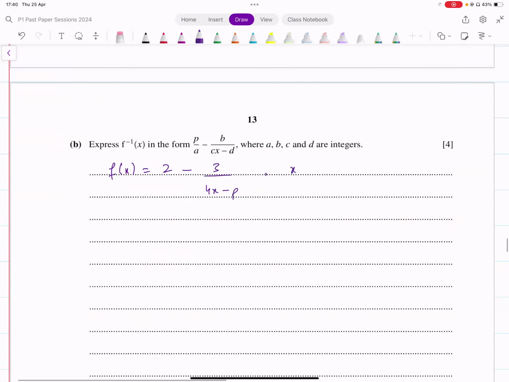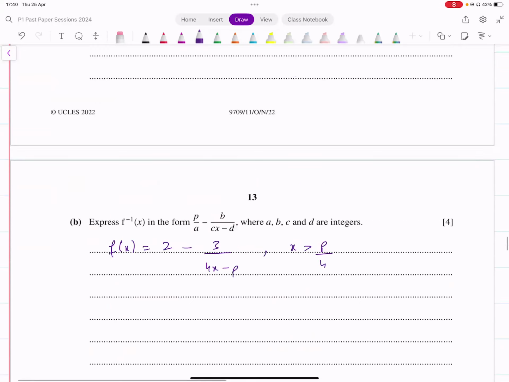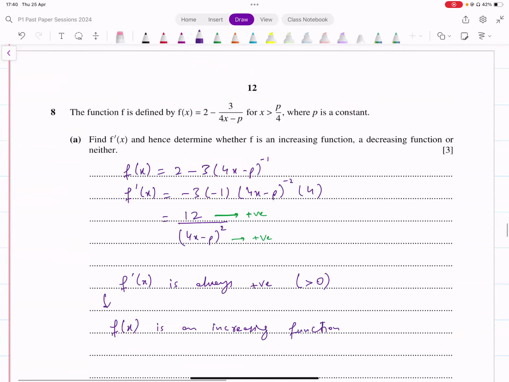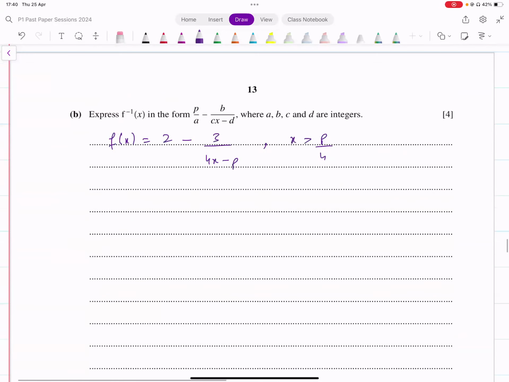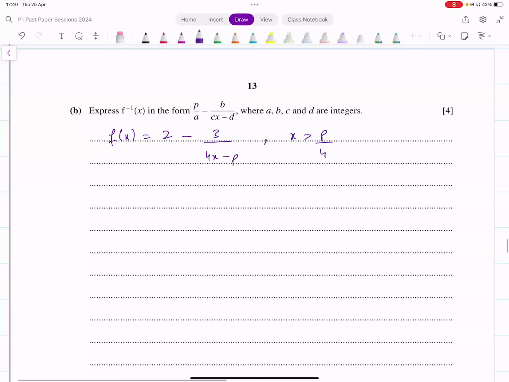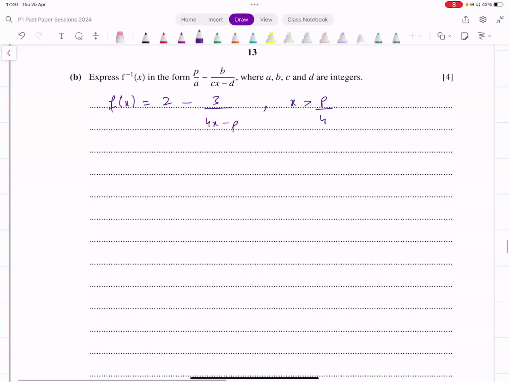And we were given that x is greater than p over 4. Okay, now we need to find the inverse of this function. How can we do that? We just apply the standard process for finding inverse. We start by this. We say let y equals f of x. What does that give us? Y equals 2 minus 3 over 4x minus p.